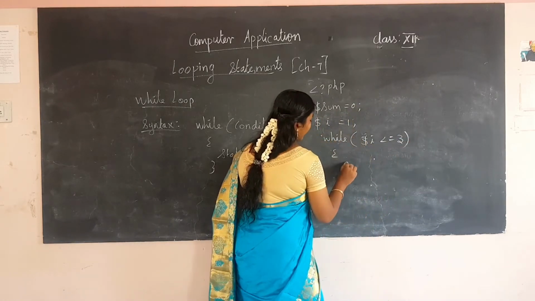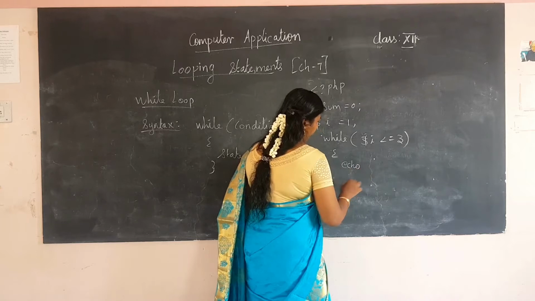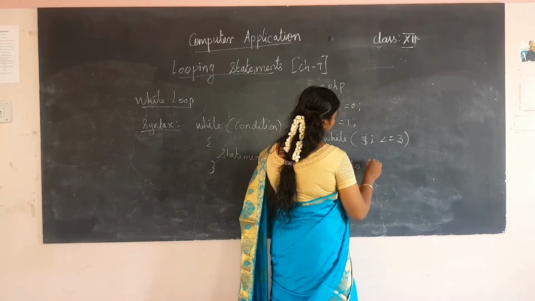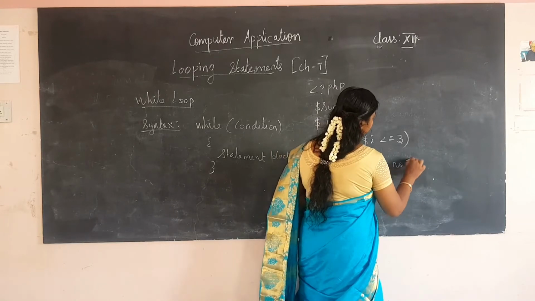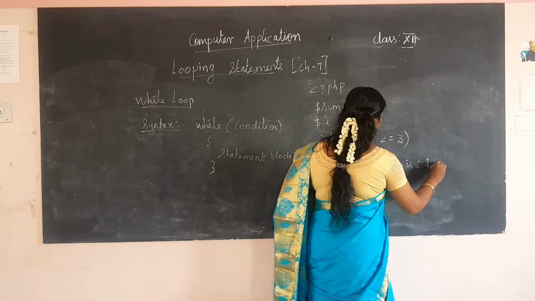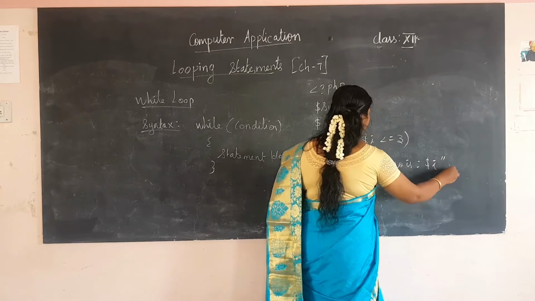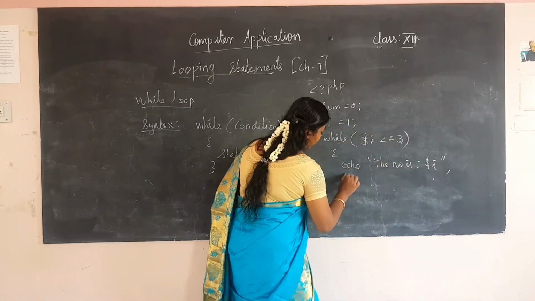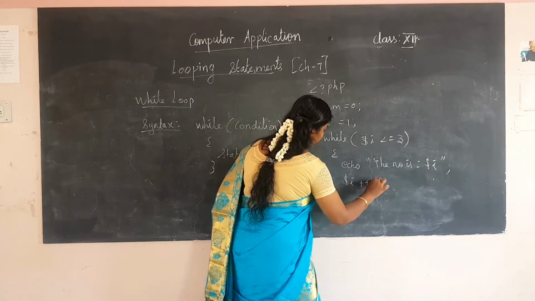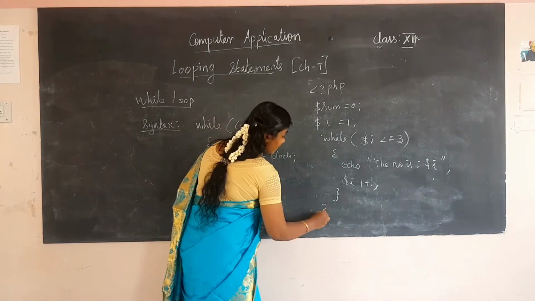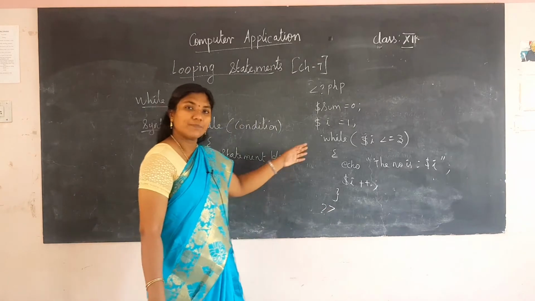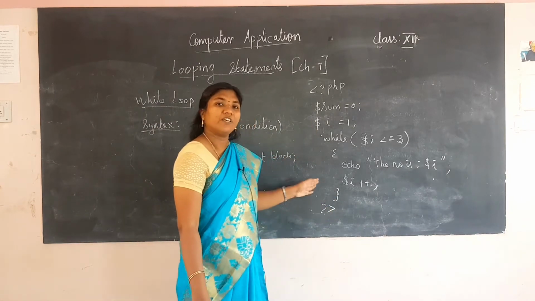Within the block I am giving echo "the number is $I"; and I am giving the increment value $I++. So this is a simple PHP program with a while loop.